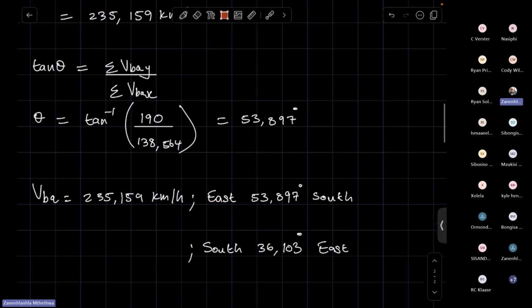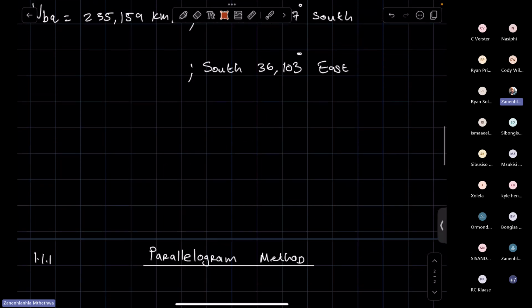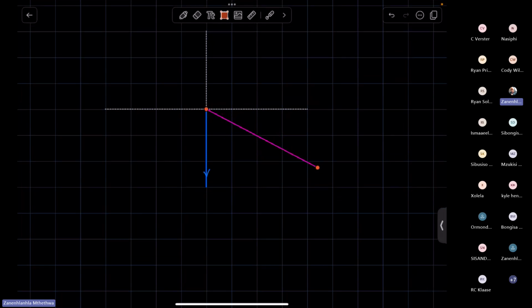So B was 110 and A is 160, so make this one slightly longer. And we know this is in that direction, and we know that this here is 30 degrees.